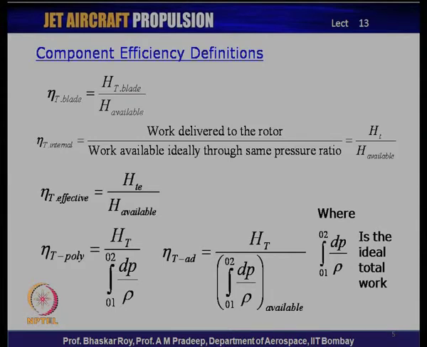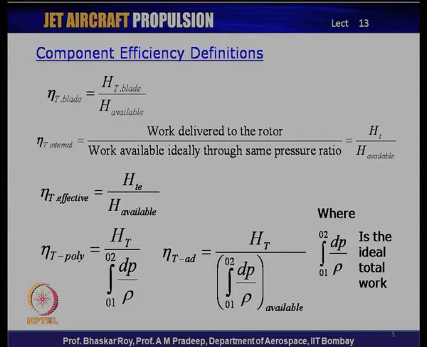The blade efficiency can be simply written down in terms of the HT blade by the HTH that is available. As we have seen, a lot of losses may occur across the blade and all of it may not be available, and that may be simply given as blade efficiency. One can actually even write down a sectional efficiency of a particular section of a blade through this efficiency definition. The eta T internal, of course, is the work delivered to the rotor or the rotor shaft, as opposed to the work availability ideally through the same pressure ratio.